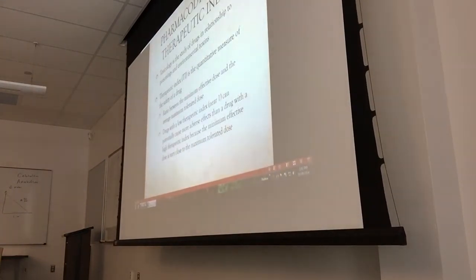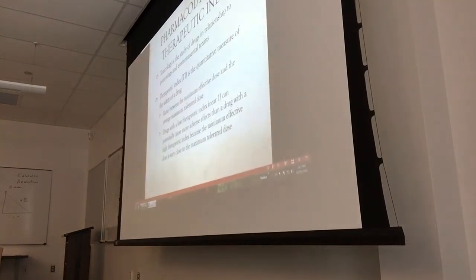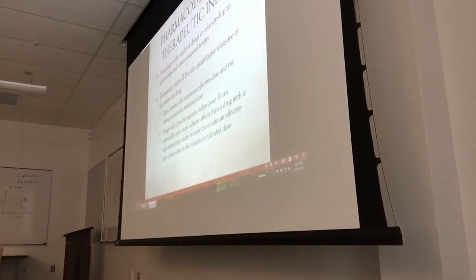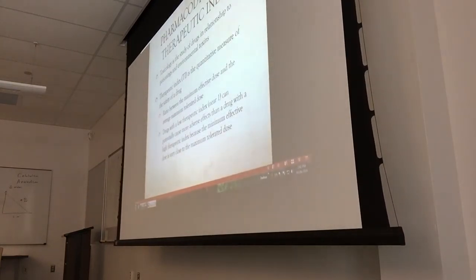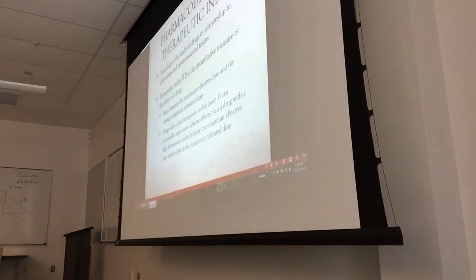Everybody cool with that? So my minimum effective dose is down here, and my maximum tolerated dose is here. We know that if I go above the maximum tolerated dose, I have toxicity, right?